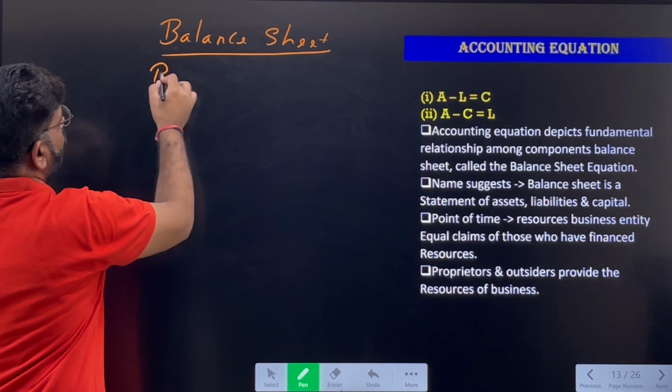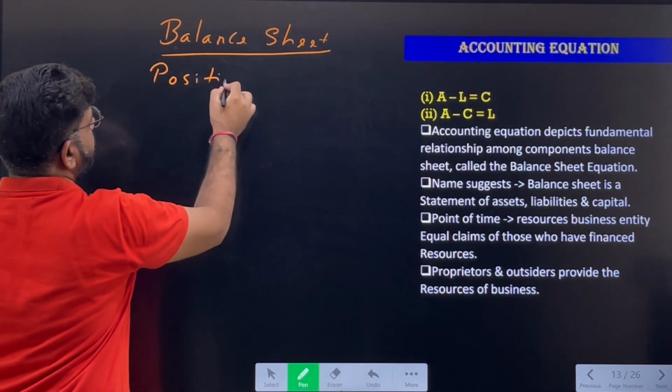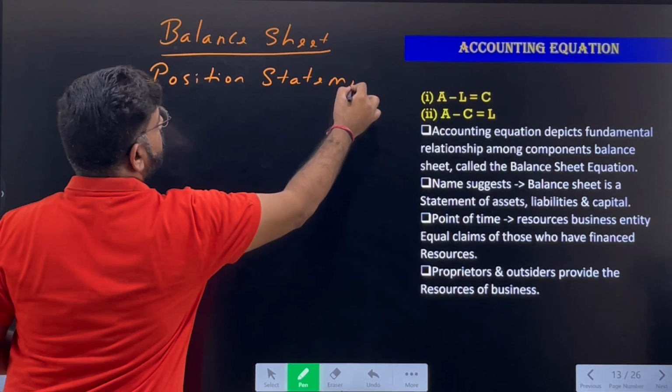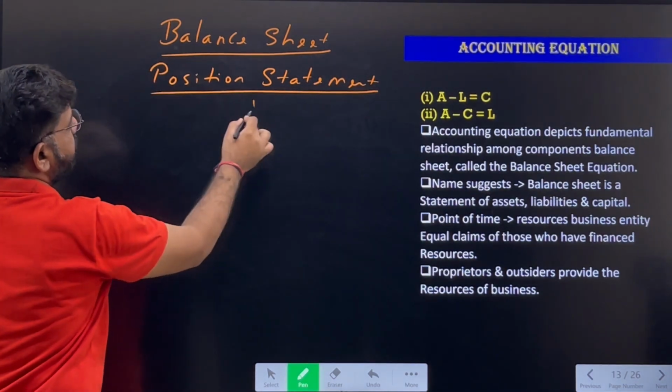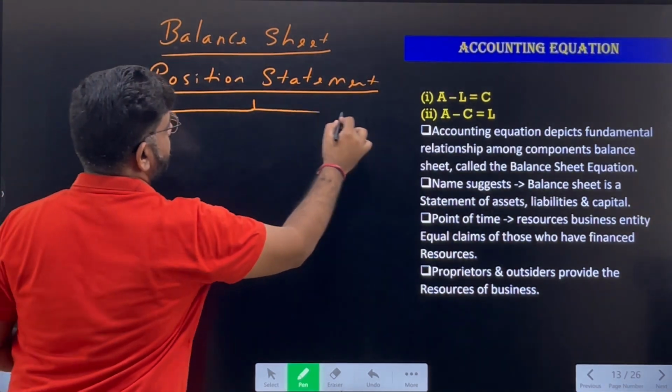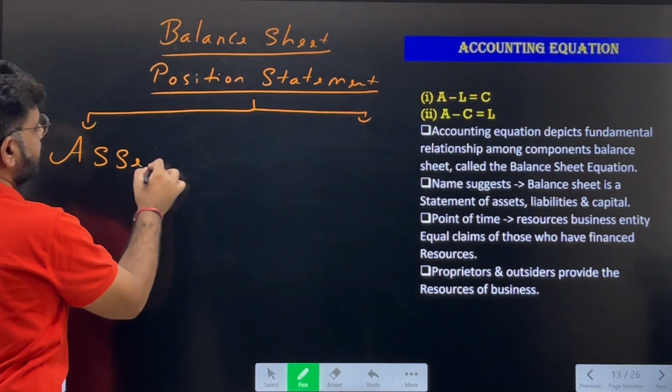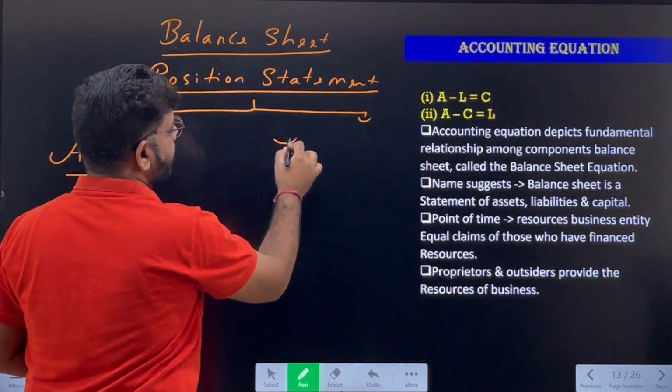Balance sheet is known as the position statement because it shows two of the main items which are there in the business. Namely, the first one is the assets, the second are the liabilities.